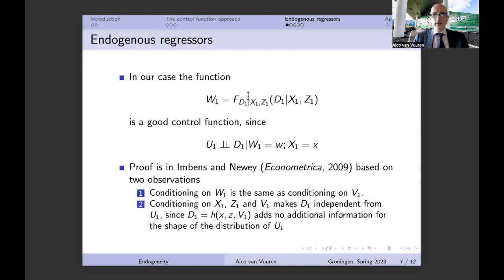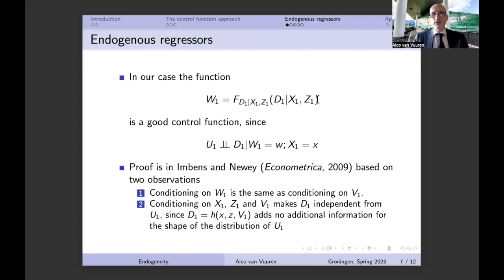Take into account that this is nothing else than the distribution function of the endogenous regressor based on, say, the exogenous regressor as well as the instrument. Another thing we take into account is that this function is actually random.